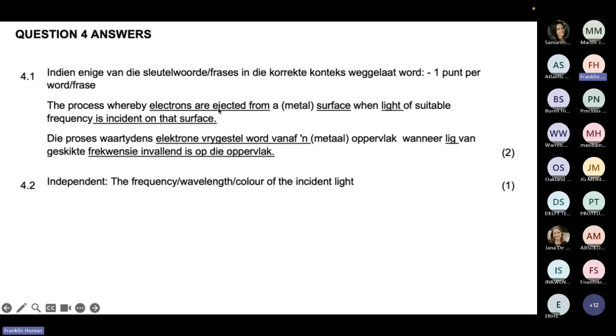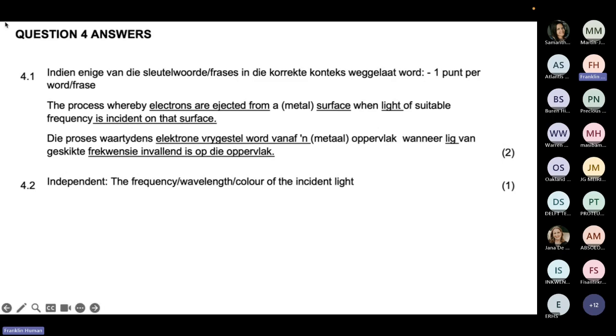You'll see that these are underlined, so the examiner specifically wants this phrase in your answer: electrons are ejected from the surface when light of a suitable frequency is incident on that surface. Basically, it's just a fancy way of saying when we shine light of a specific frequency onto that metal surface, then electrons will be ejected from it.